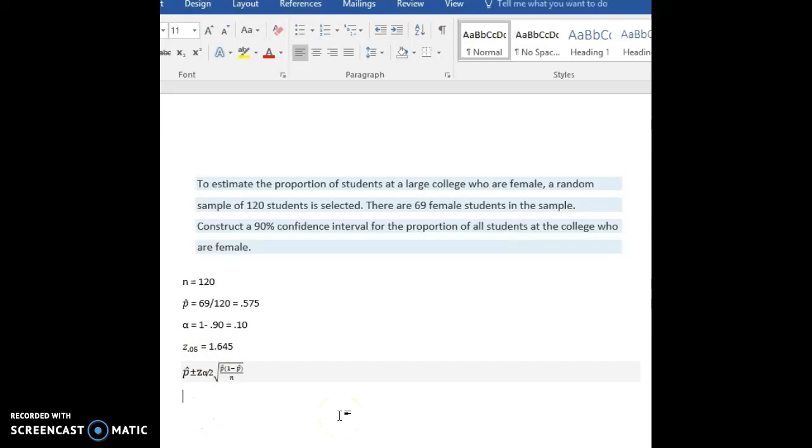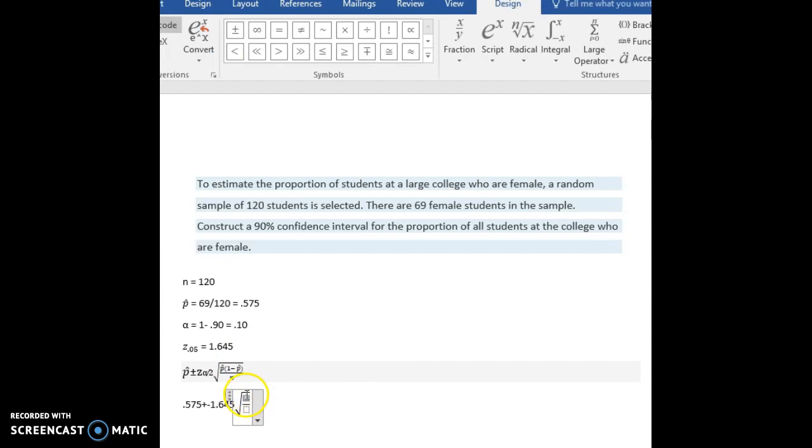We need p hat, 0.575, plus and minus z of alpha over 2, which is 1.645, times the square root of p hat, 0.575, times 1 minus 0.575, and then on the bottom, our sample size n is 120.